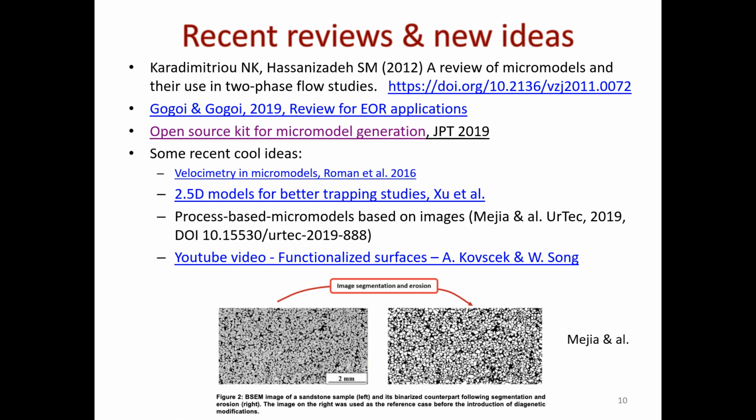So you will learn actually how to do this. Okay? So you can create a slice of sandstone and post-process it to create yourself a micro model that resembles that sandstone. It just has to have a larger porosity in order to actually percolate through it.